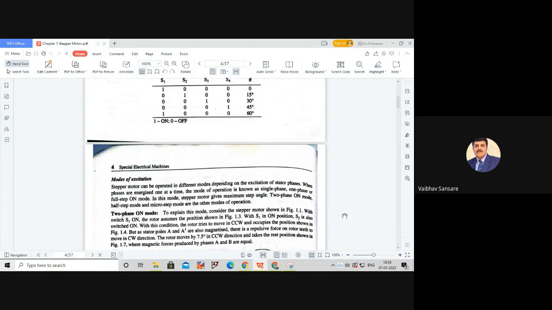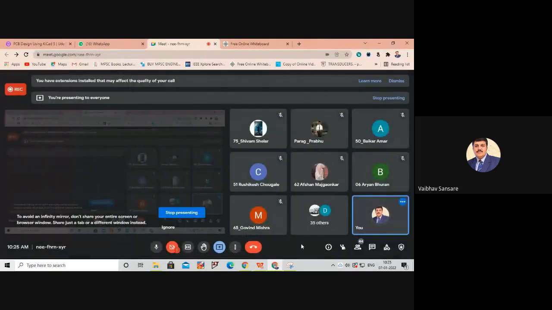That means we can run the motor by the full step angle of 15 degrees but with a different position, or with a half step angle, that is 7.5 degrees. That is also possible. So how can we achieve these different steps or operations of the motor by changing the mode of excitation? We are going to discuss that part in today's lecture.